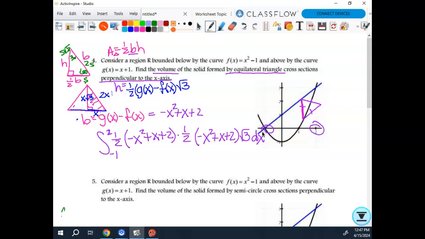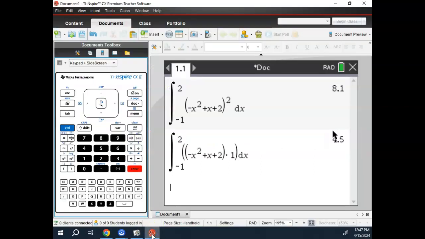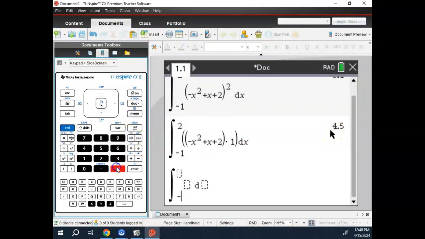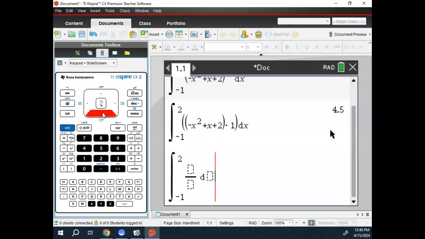See if you can type that in, see what you get. I'm going to start over. I'm not going to go with that. Going from negative 1 to 2, and then 1/2 times negative x squared plus x plus 2.